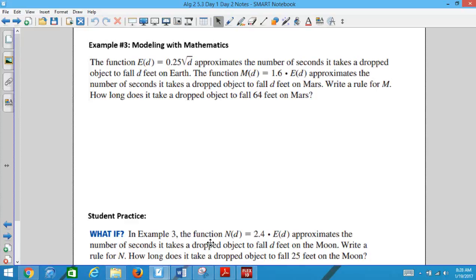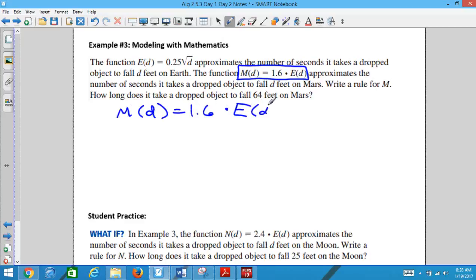Gravity, good. All right, write a rule for m. So we're going to write a rule. That means write an equation for the m. But there is an equation for m, sort of. You have to write an equation for m, but here's the m equation right here. What they're asking you to do is take this m equation and where you see e of d, substitute in the e of d equation.